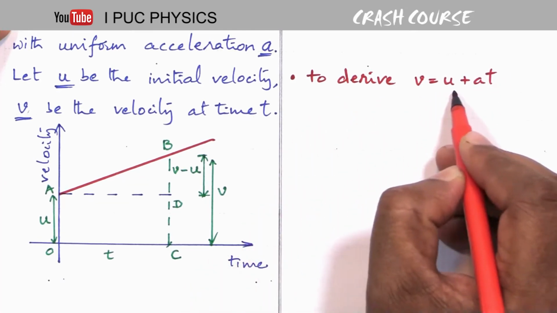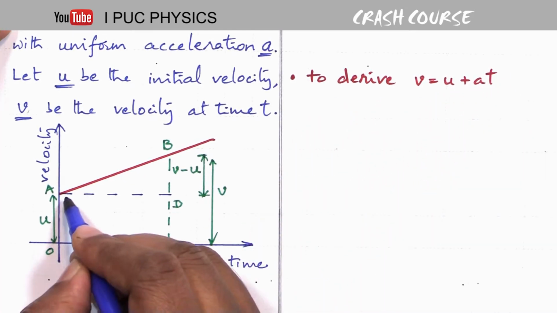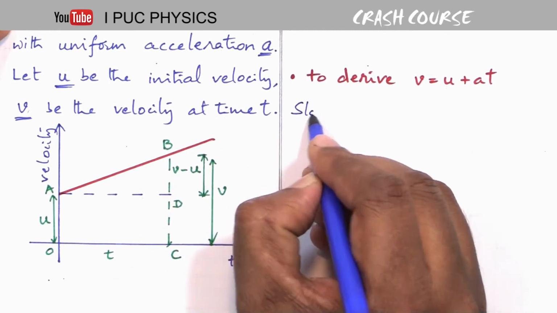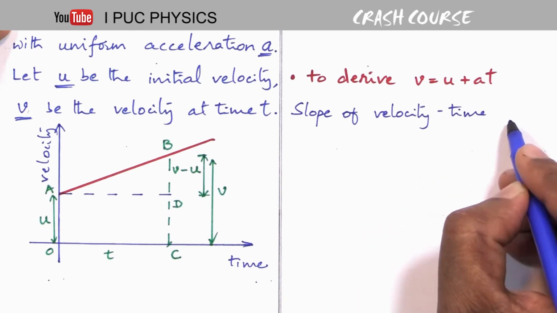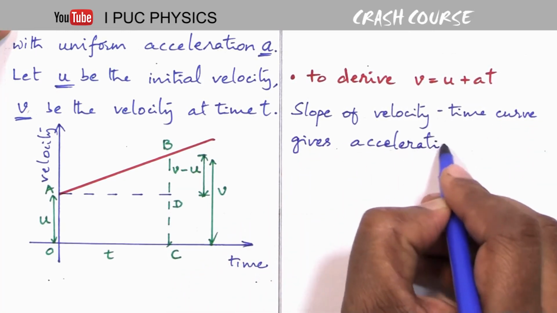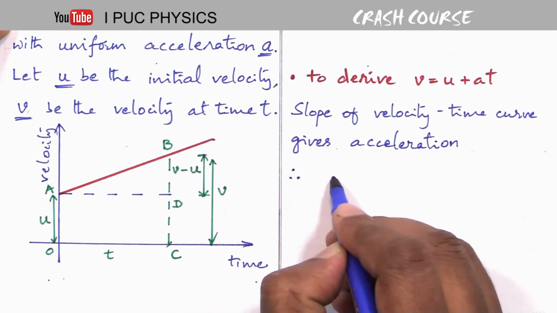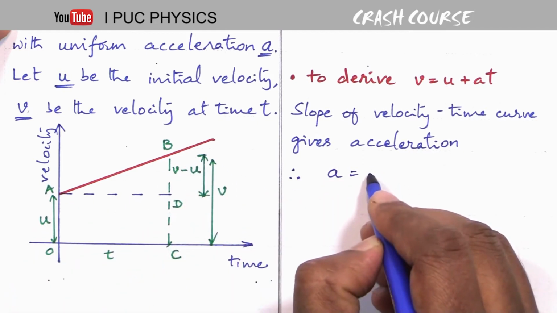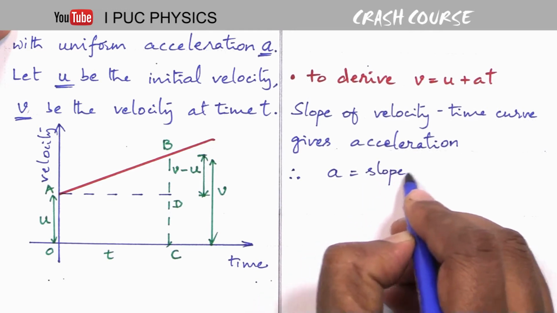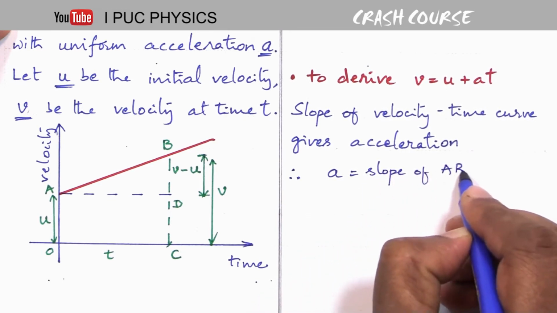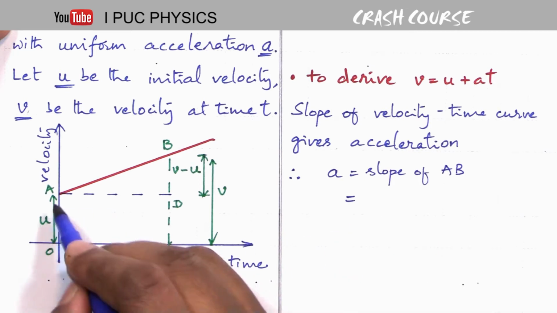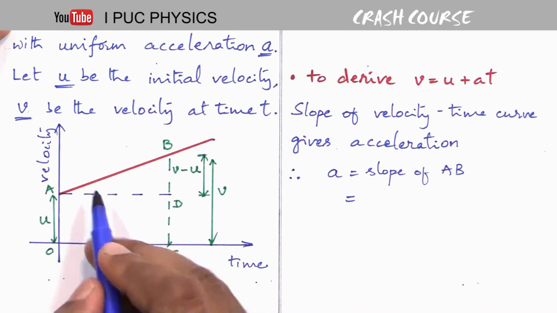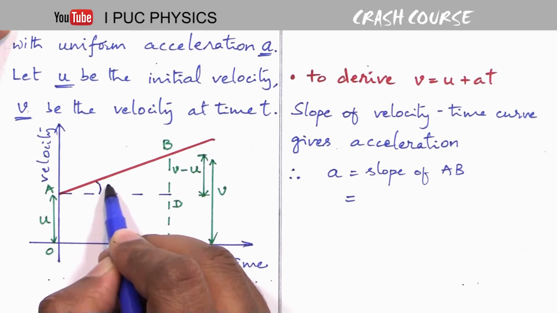To derive v equal to u plus at. Slope of velocity time curve gives acceleration. Therefore a equal to slope of AB. Slope of AB is BD by AD. Slope is tangent of this angle.